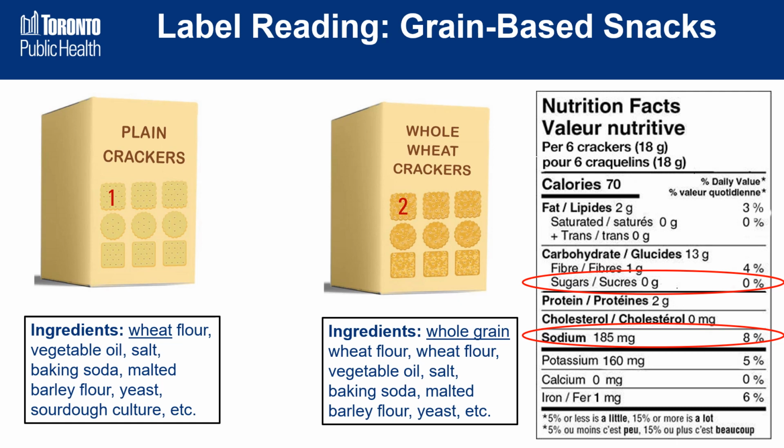Is the sugar less than or equal to 8 grams of sugar per 30 grams of serving? The answer is also yes. Package 2 meets the Student Nutrition Program nutrition guidelines. Sugar isn't usually a concern in crackers, and as we can see here, there is no sugar.